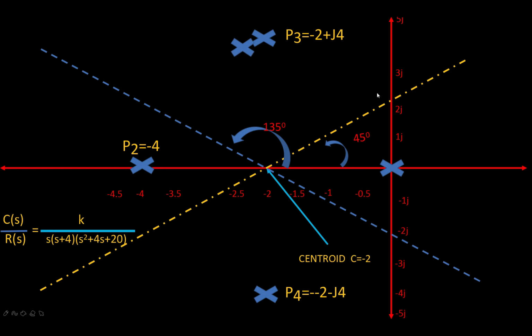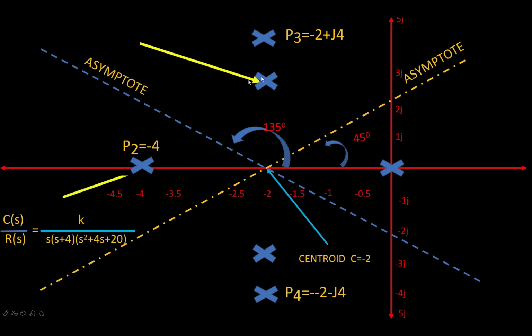Next, we are going to mark your breakaway point, and justify whether this is the breakaway point or not. One of the breakaway points is S equal to -2, located between two poles, as we already know. And one more is -2 plus J 2.445, which we will locate now. This is the angle of the asymptotes, the line we have just shown here for understanding.